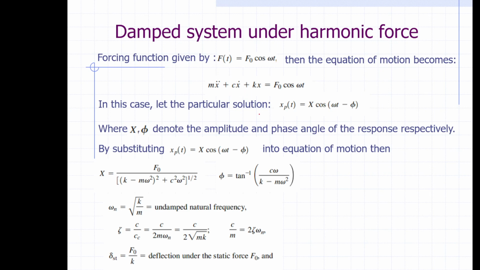And similarly, the way we find the particular solution, we choose HP as a certain amplitude times cosine omega t, but with some phase lag phi. Okay, and then the next process is to find capital H.